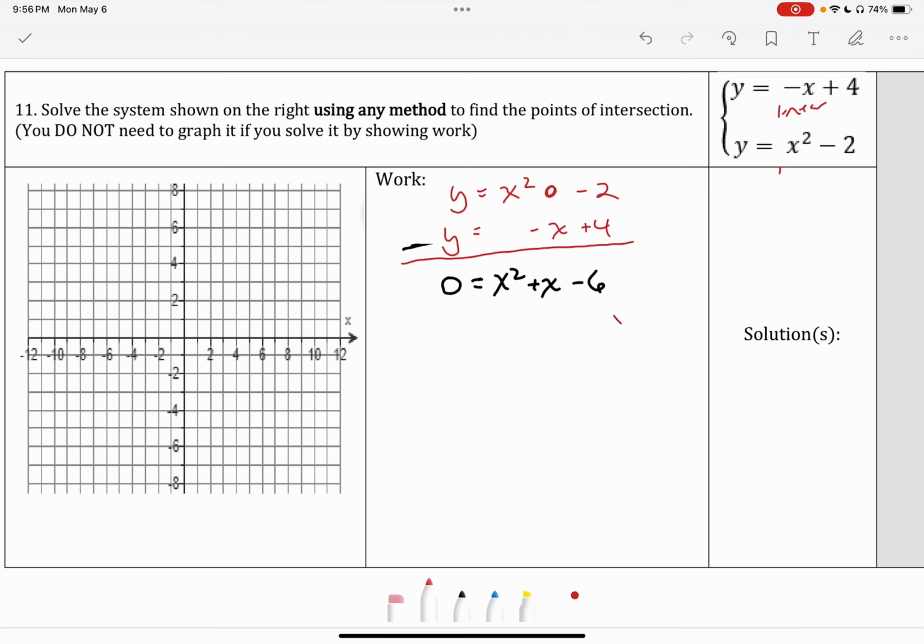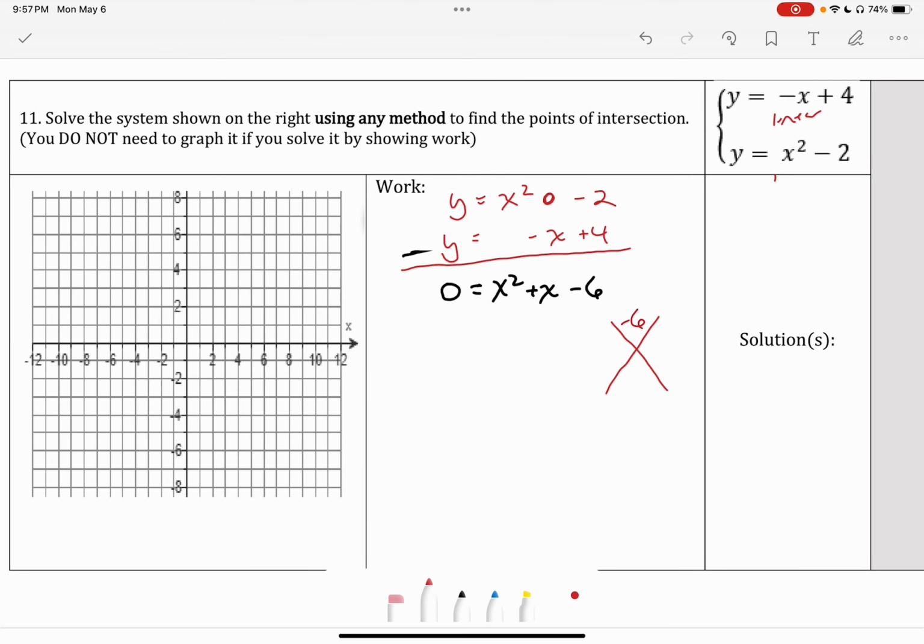So the first thing I'm going to try to do is factor this, because factoring is the easiest way to solve, in my opinion. So I'm going to put negative 6 on top and 1 on the bottom. Two numbers that multiply to negative 6 that add to 1. Again, 3 and 2, with the 2 being negative, because 3 plus negative 2 is positive 1.